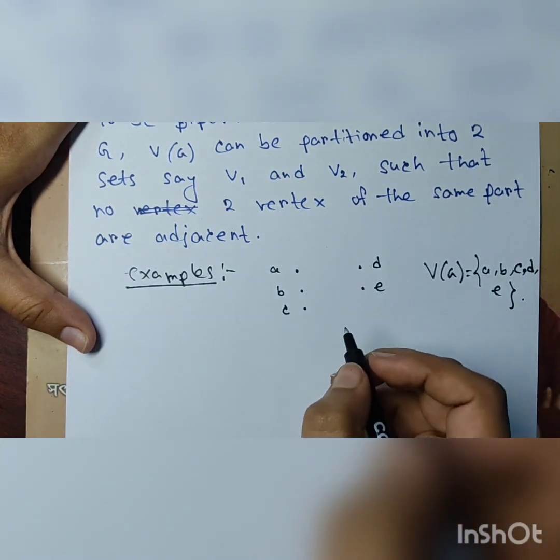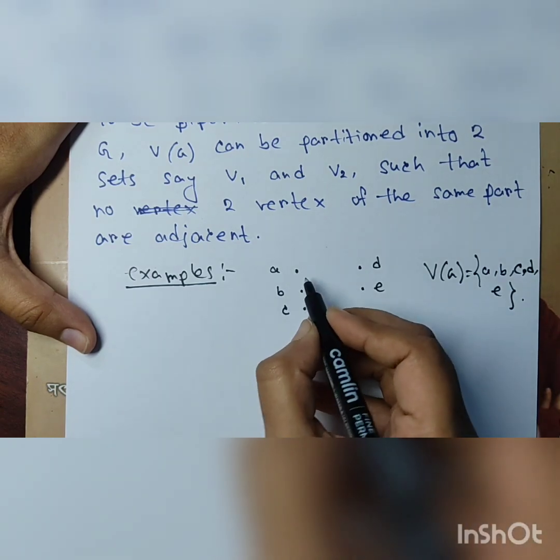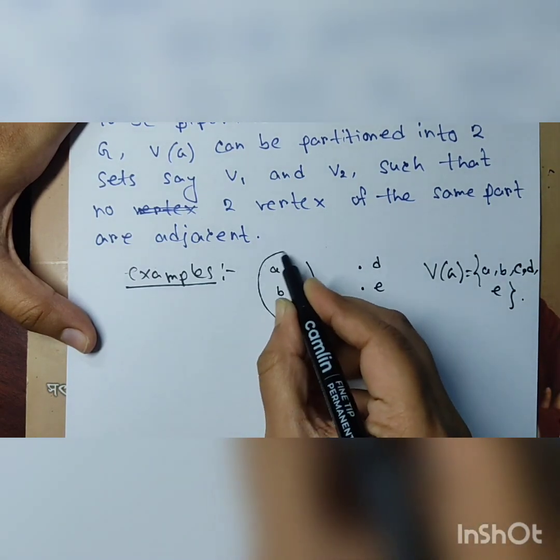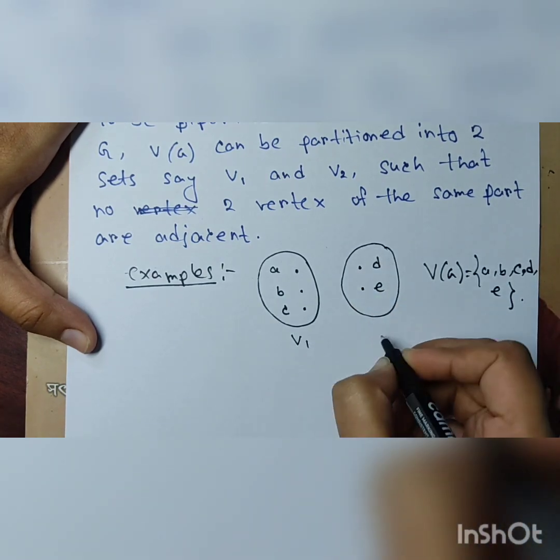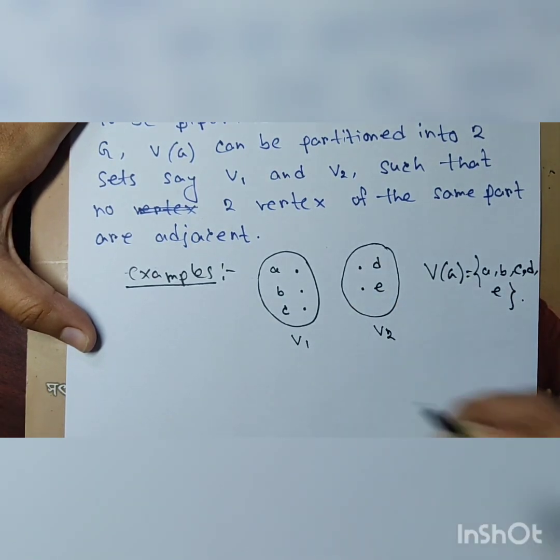Let us take for example this to be a partition and this to be a partition. So it is V1 and it is V2. So we have to know firstly what is partition.